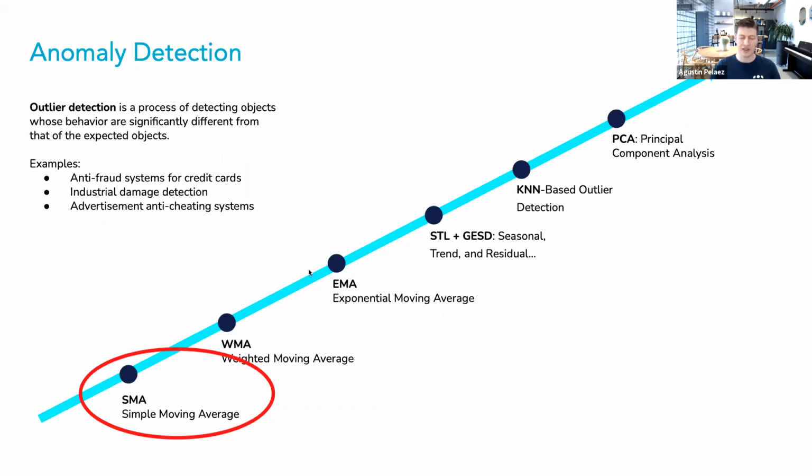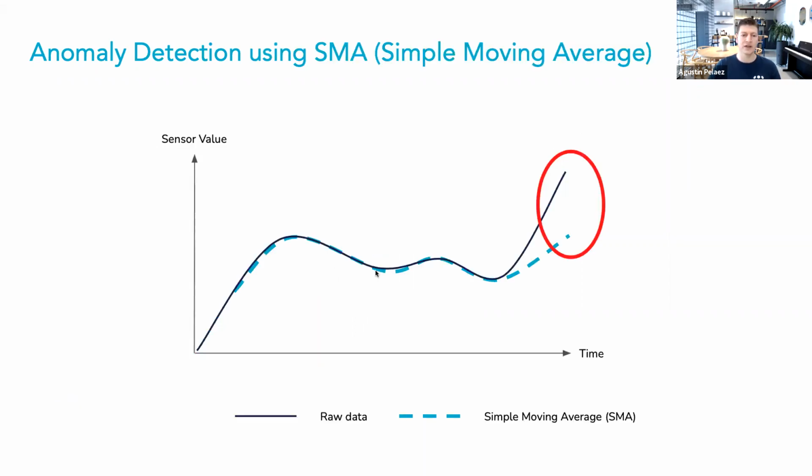And again, if we look at Ubidots, well, first of all, what is a simple moving average? It's the process of getting the last readings and computing the average, like the last 10 readings, and you do it through all the time series.